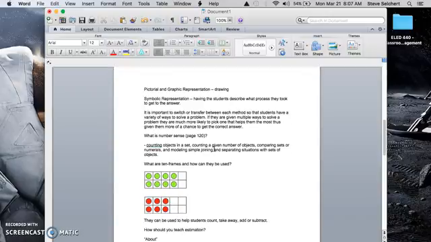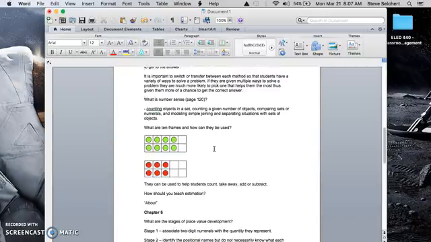Pictorial is more or less drawings that either the students make or they look at. And then the symbolic representation is having students describe what process they took to get to the answer, more of an oral sense of how they got to that.